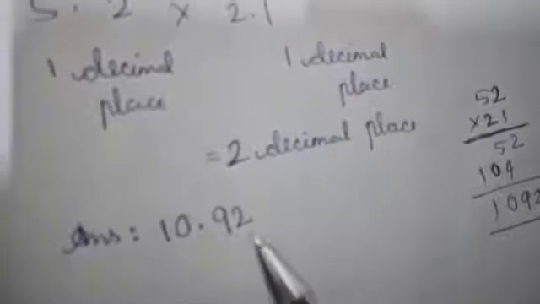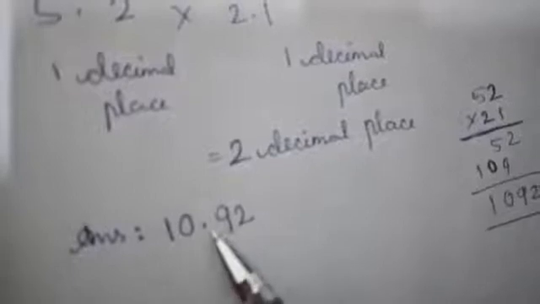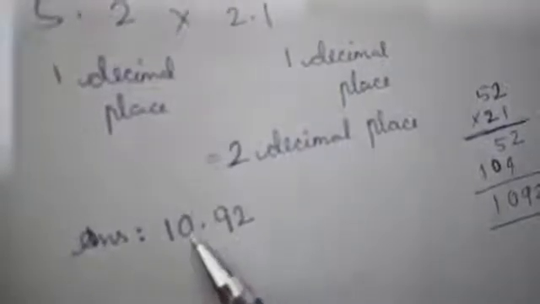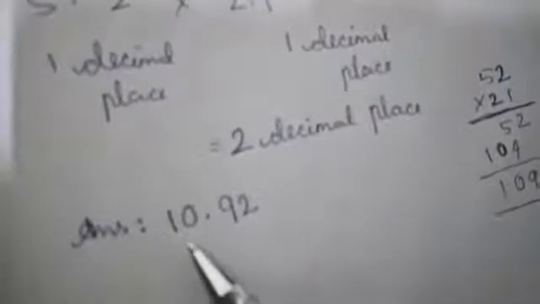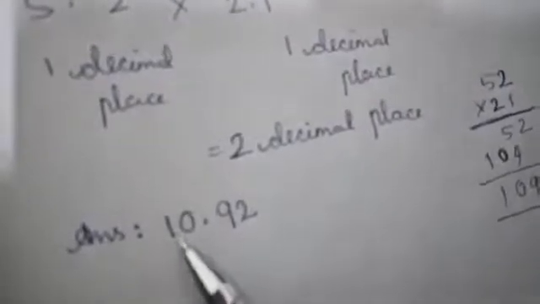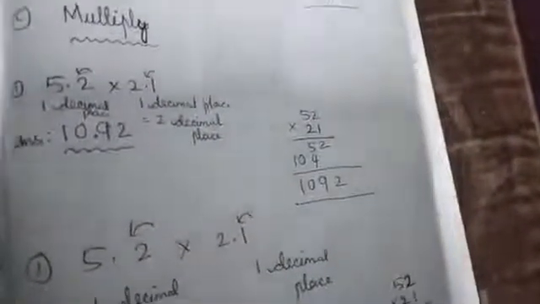So from right side count 2 decimal place, 1, 2. So before 9 put the decimal point and write the rest of the number, 0 1. So when we read it, the answer is 10.92. 10.92 is the answer. This is for section C, multiply.